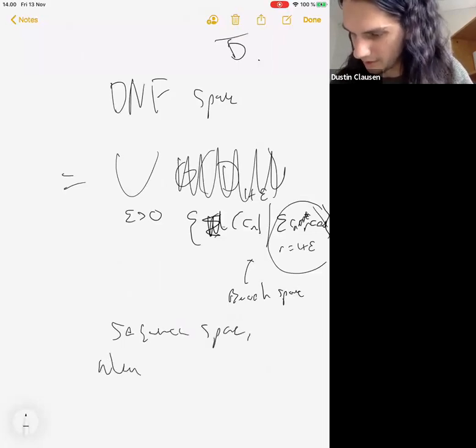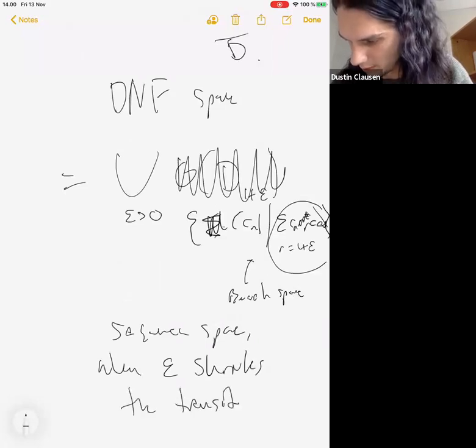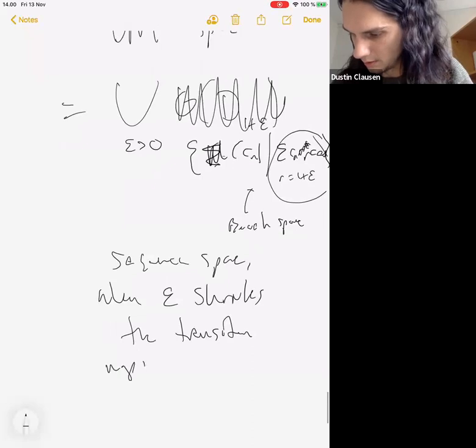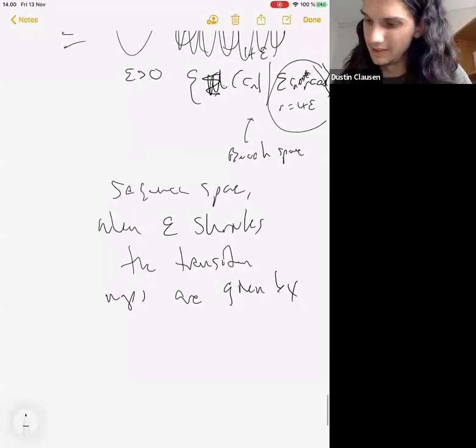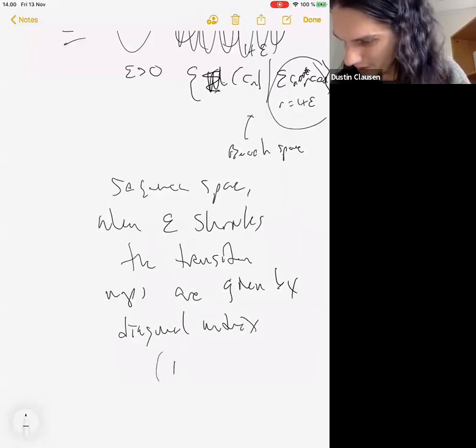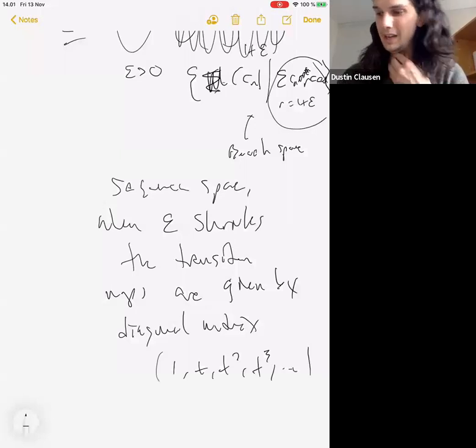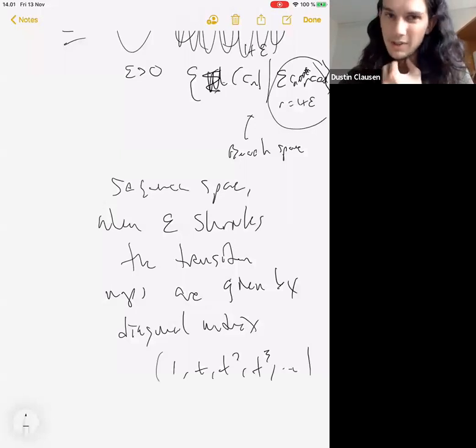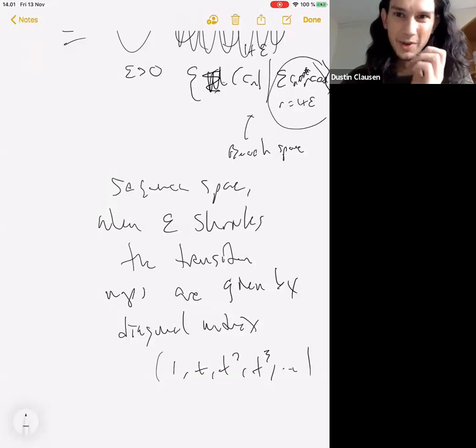When you decrease epsilon, the transition maps are given by a kind of multiplication by a diagonal matrix, t squared, t cubed, whatever you have to do to make 1 plus epsilon turn into 1 plus epsilon prime for a smaller epsilon.